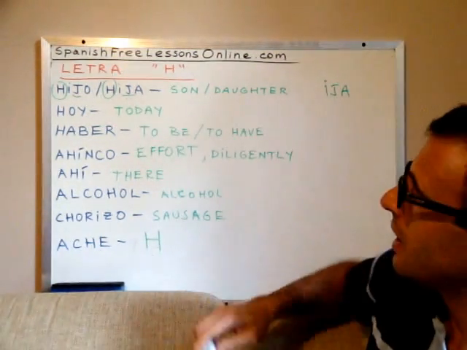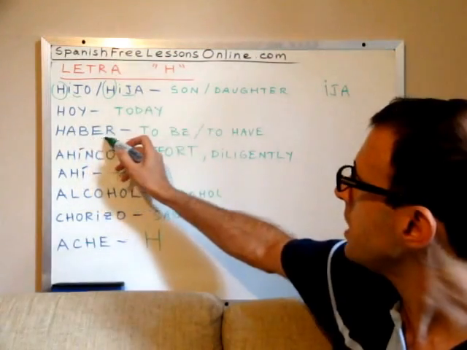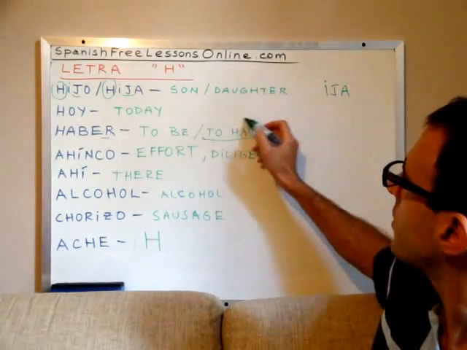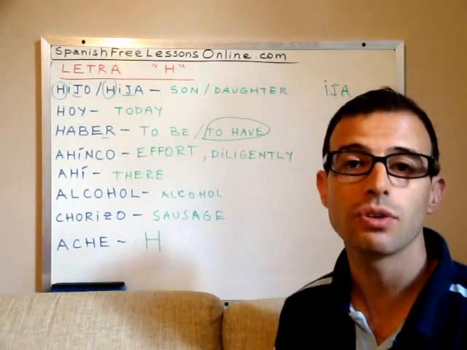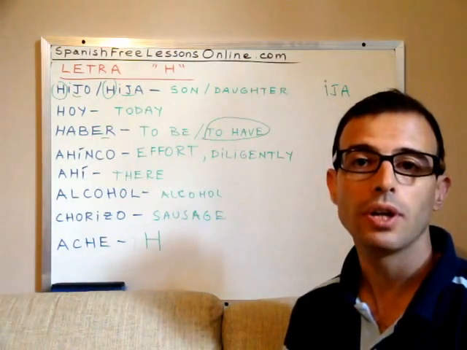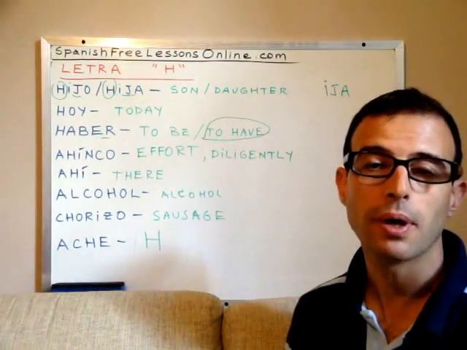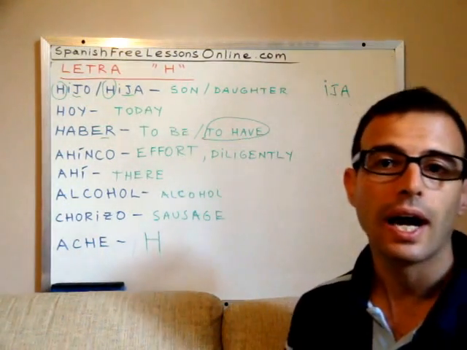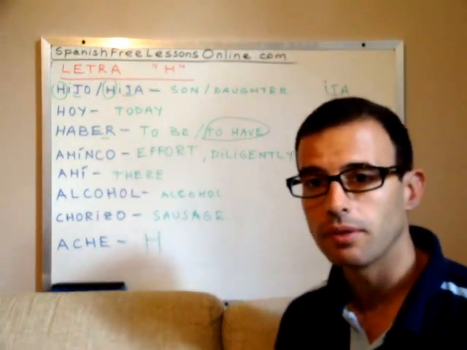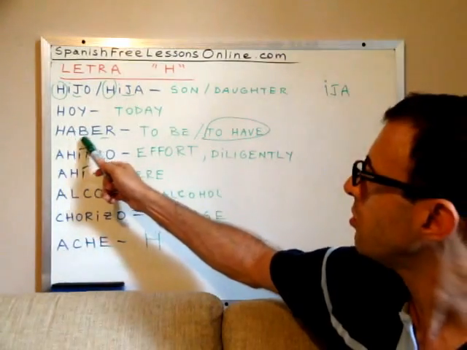And there it has the same worth as the verb to have in English, because the verb to have is the English auxiliary verb for compound conjugations, right? I have gone, I have ridden, okay? In Spanish we would use haber.